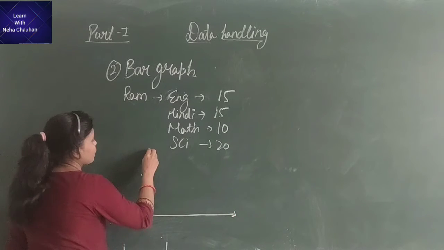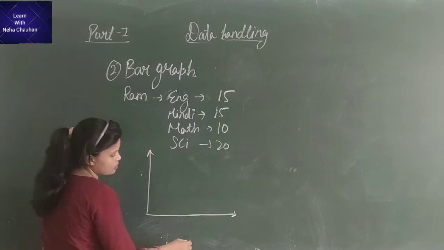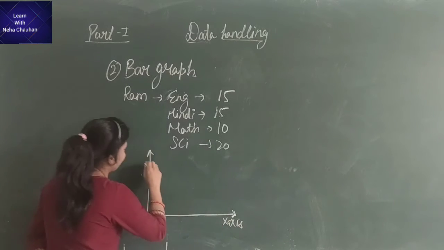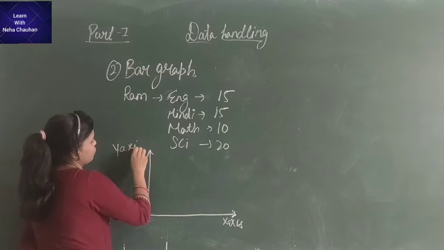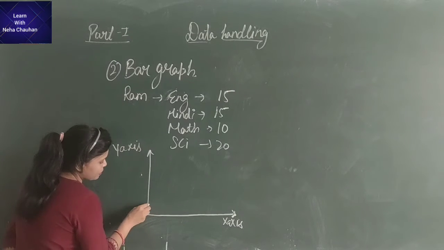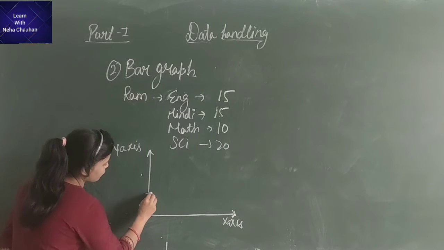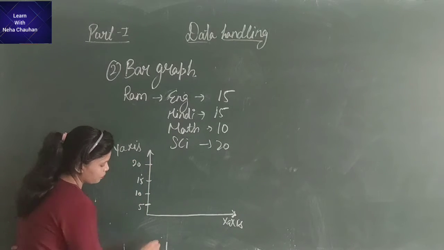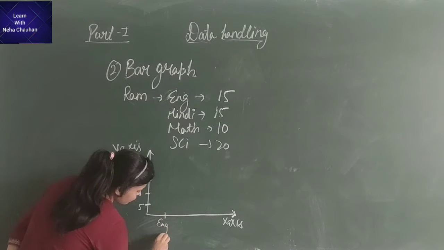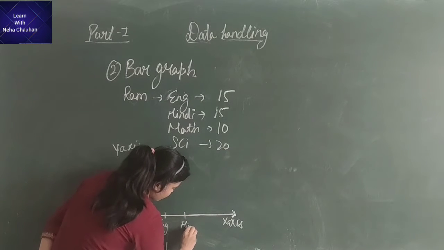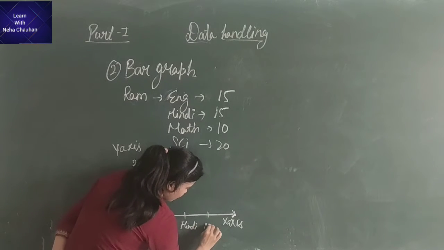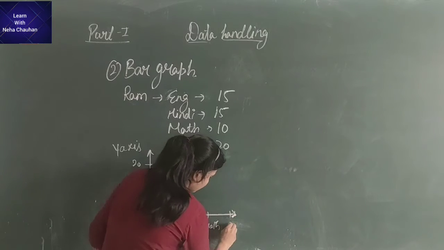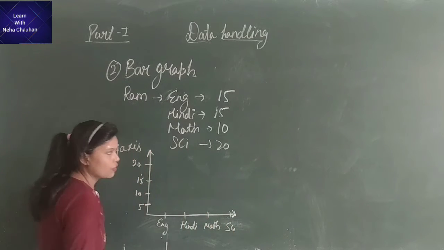So we will draw two axes on the graph, x-axis and y-axis. On the y-axis we will represent marks 5, 10, 15, 20. Here English, Hindi, Math and Science. Alright.